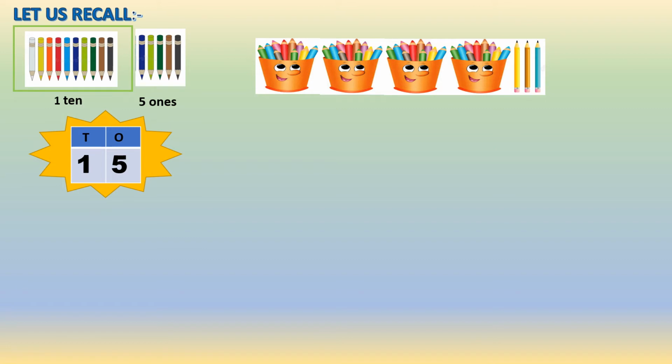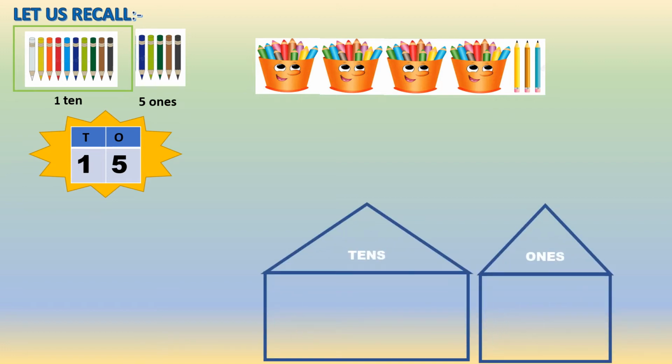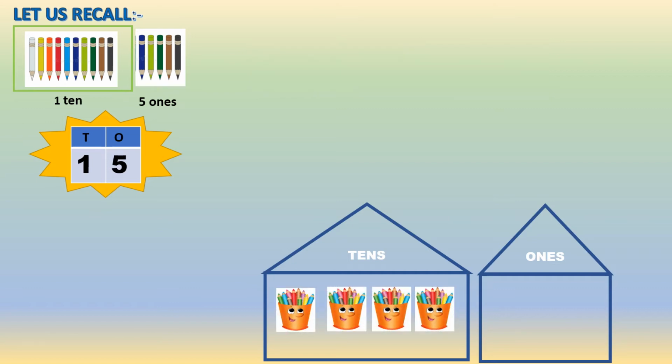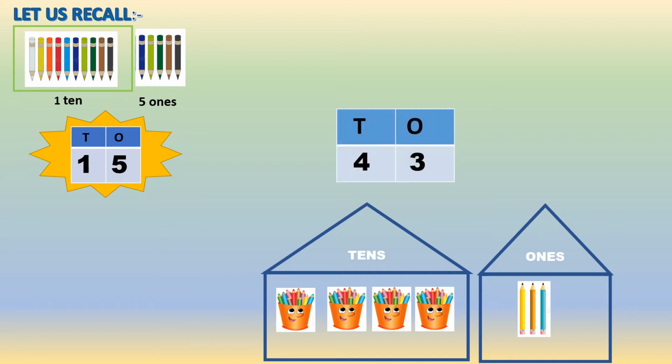Let's place them in the tens and ones house. Since we have 4 tens, 4 pencil holders will go in the tens house, and we have 3 loose pencils, so they will go in the ones house. Which number is this? 4 tens, 3 ones? Yes, it's 43.